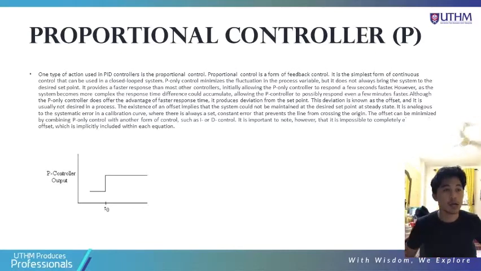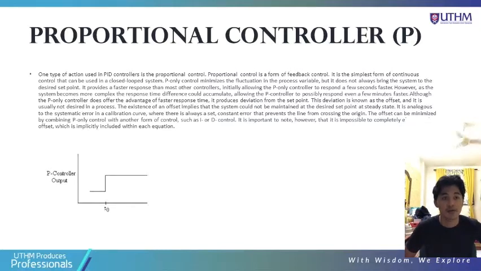The P controller, one type of action used in a PID controller, is proportional control. Proportional control is a form of feedback control. It is the simplest form of control that can be used in a closed loop system. P-only control minimizes the fluctuation in the process variable.